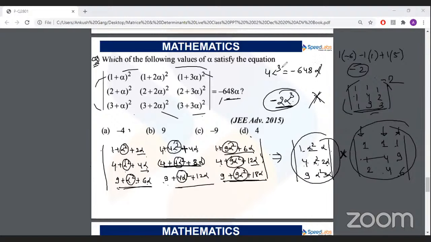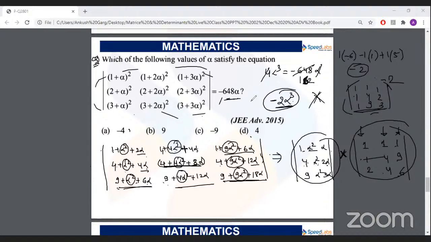So alpha will be, okay, I am getting a minus sign over here. So basically if you cancel with 4, it will be 1 8, no 1 and 4 6 yeah.